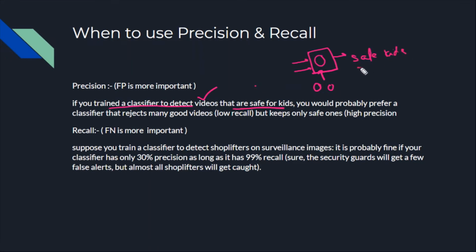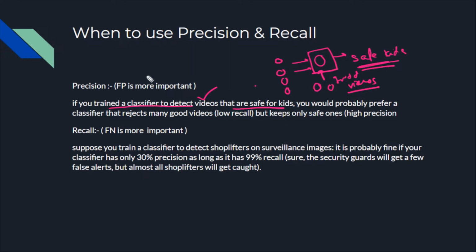We are not saying videos are good or bad, we want to say whether that video is safe for kids or not. So we are okay if my classifier neglects some good videos.